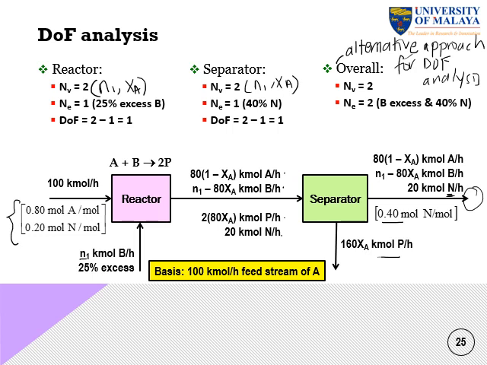So you look at the whole flow sheet, all of the streams, and all you see are two unknown variables, which are N1 and XA. And for the whole problem, all you have are two independent equations: one is 25% excess B and the other is 40% N in this separator outlet stream. So make use of this information to find N1 and XA.